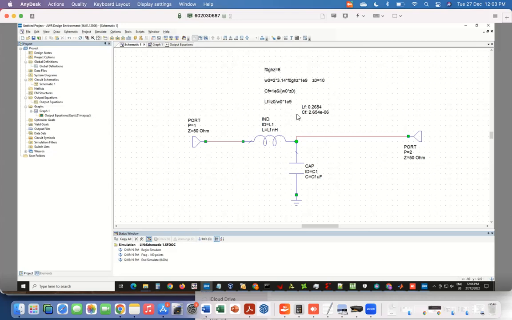That's fine. But wait a second. No, it's okay. This is 2.6 times 10 to the minus 10 henries, and this is 2.6 times 10 to the minus 6 farad. So the ratio of that is 100, the square root of that is 10. So this is okay.